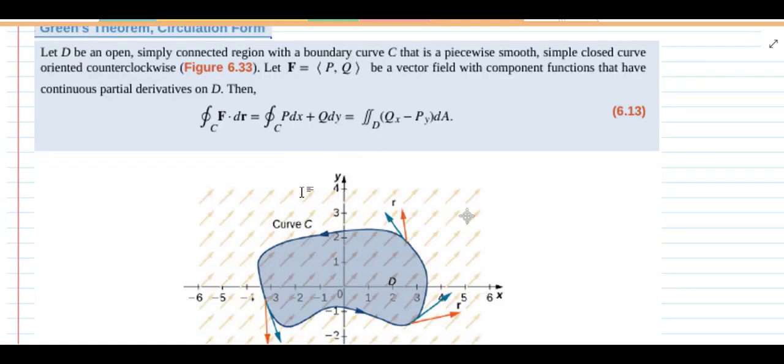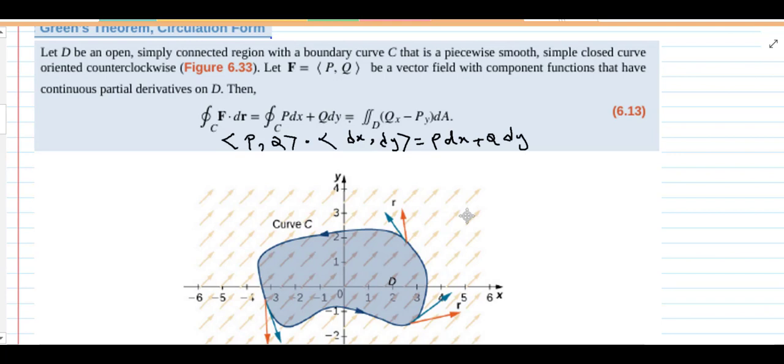Now if we come back to this Green Theorem, we will see that here every point is under the vector field, and here the line integral of the dot product of the vector field and the displacement is equal to P dx plus Q dy, because the dot product of F, which is P and Q, with dr, which is dx and dy, is P dx plus Q dy.